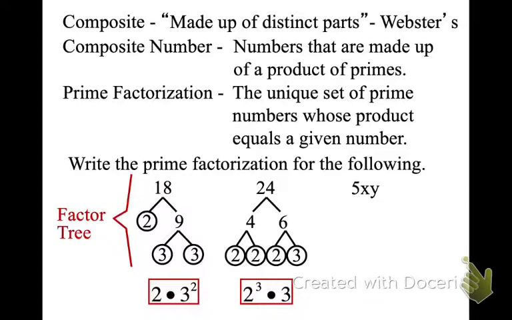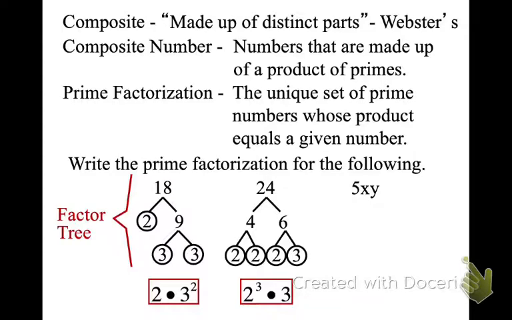Now, when you're breaking up a variable term, the first thing you always have to do is split numbers and variables. When you break this up into prime factors, split numbers and variables.